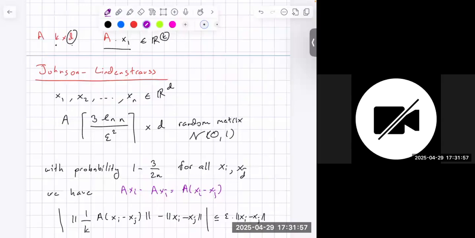Or what else? Say it again. Recommendation. So you mean similarity, maybe? Yeah, if you're trying to locate a user close to another thing in your database, the only thing you care about is how distant they are, and this is what is preserved.